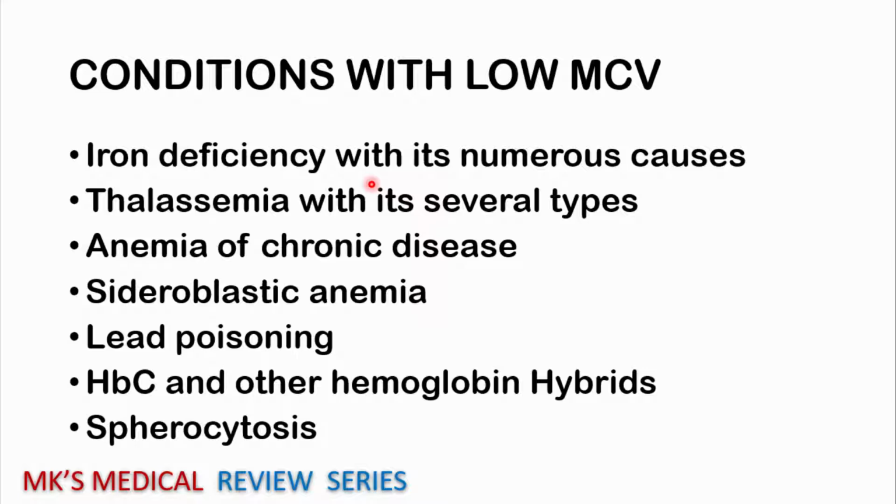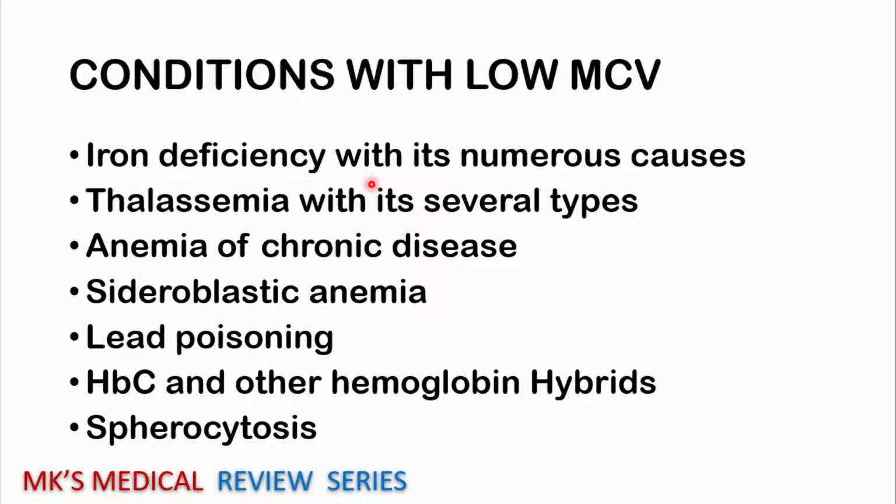Then you may also have problems with iron. Maybe someone is not absorbing the iron from the gut, or they are losing the iron through maybe a chronic hemorrhage. You lead to iron deficiency anemia. And even in chronic diseases, especially in prolonged chronic diseases, in the late stages of chronic diseases, you may produce a chemical that's known as hepcidin.